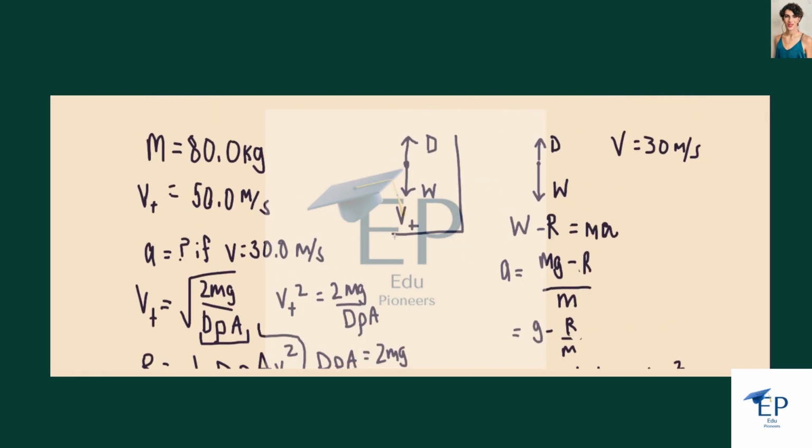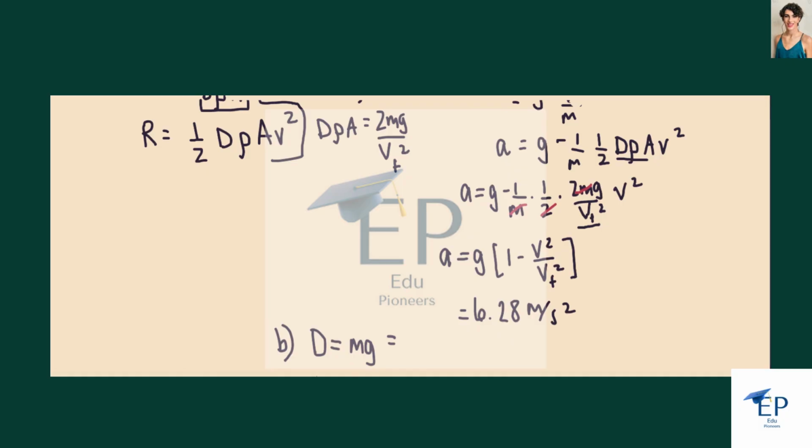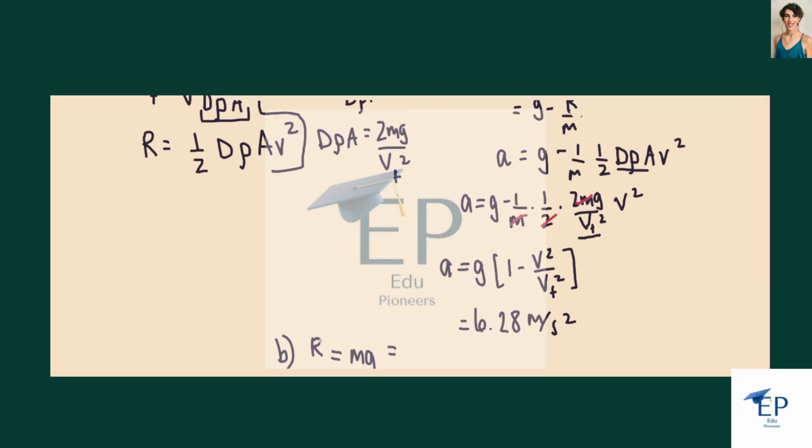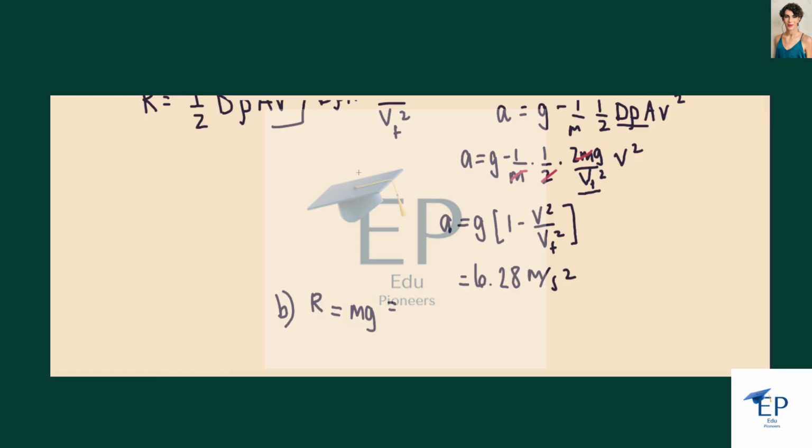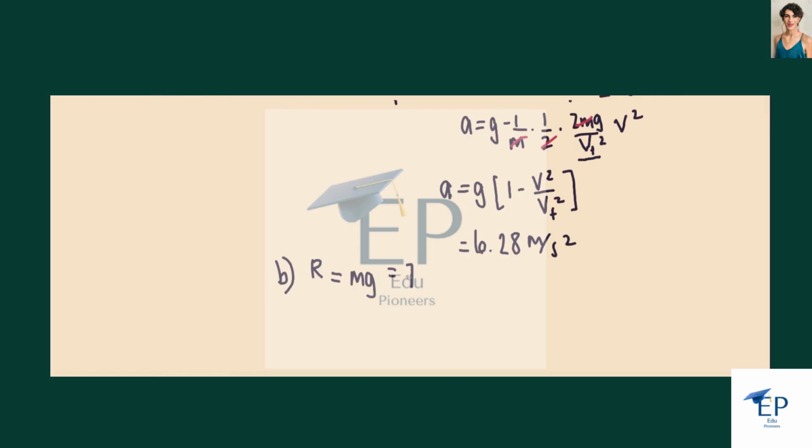Oh shoot, I'm used to calling this D, but this is actually R in this book. So it's just going to be 80 times 9.81. With that, I get 785 newtons.